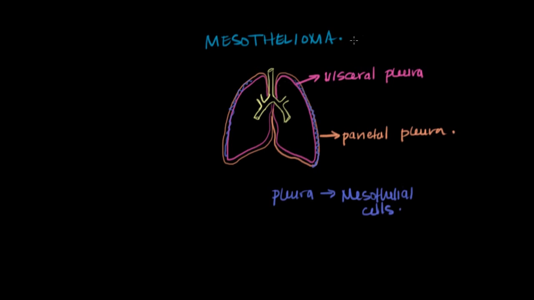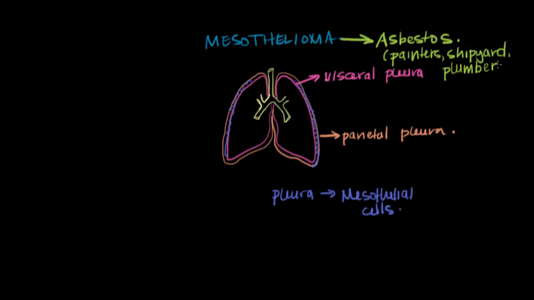The reason we consider it an occupational lung disease is because mesothelioma is related to asbestos exposure. Asbestos exposure occurs with many types of occupations, such as painters, who can be exposed to asbestos, as can shipyard workers, and also those in plumbing.